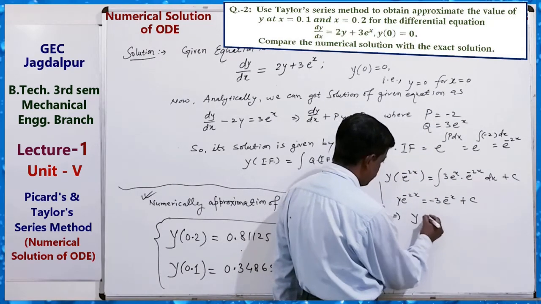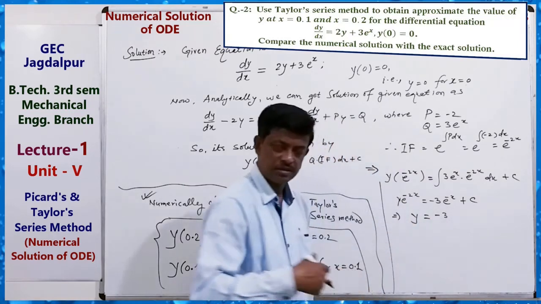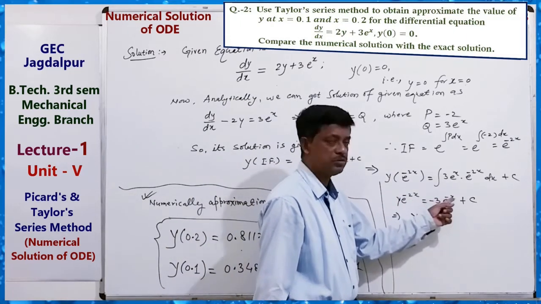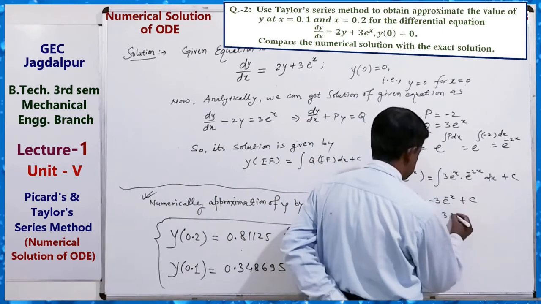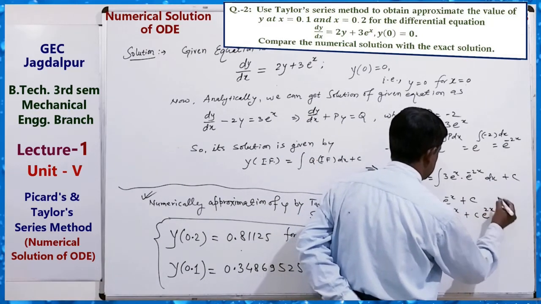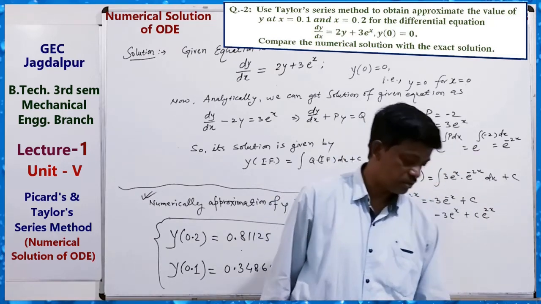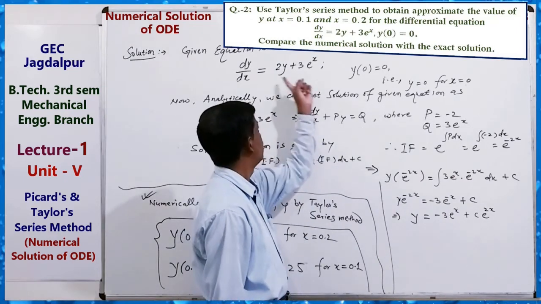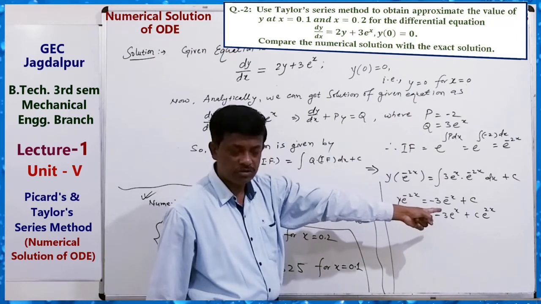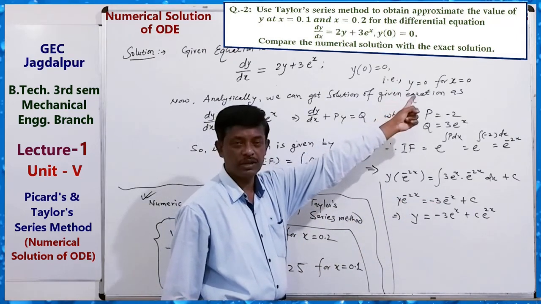So from here, the value of y we can write as minus 3 e to the power minus x, just multiply both sides by e to the power plus 2x. So this is e to the power plus 2x e to the power minus x plus c e to the power 2x. Okay, so minus 3 e to the power x plus c e to the power 2x. The exact solution can be found by finding the constant c using x equals 0, y equals 0.